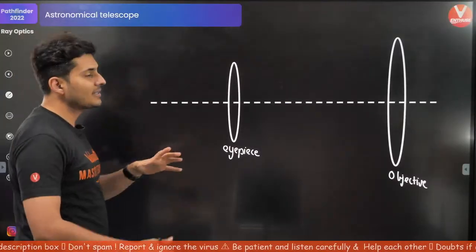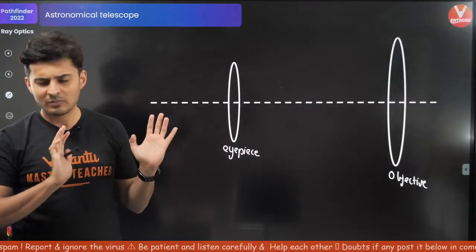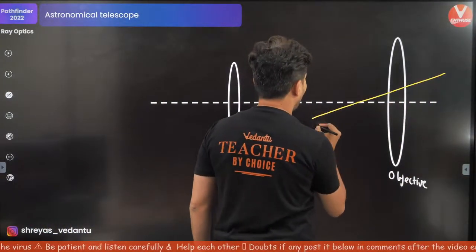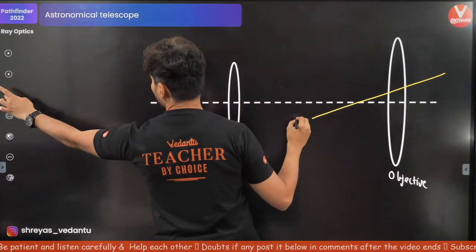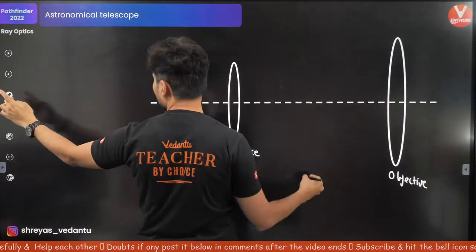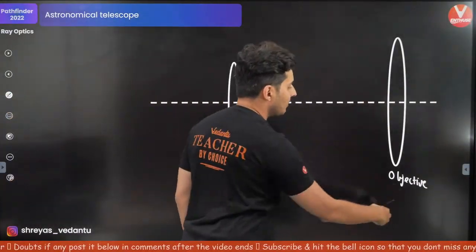And the rays of light come from infinity because the object is very, very far. So the rays will come from infinity. And what you will see, okay, just hold on. Let me just remove this first. Let me mark the focal length. This is the objective.